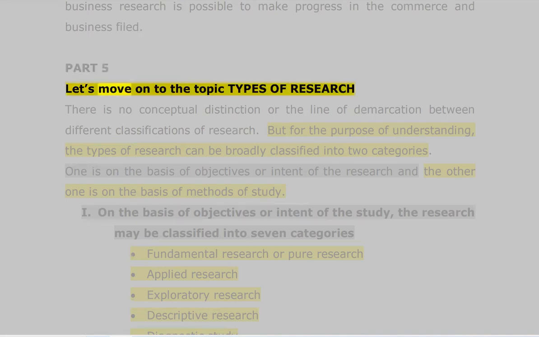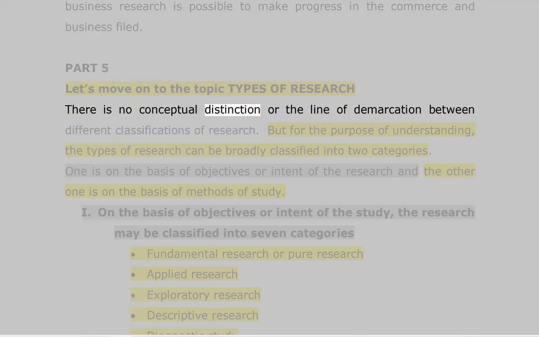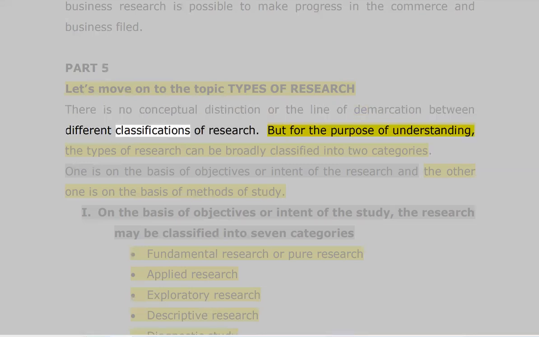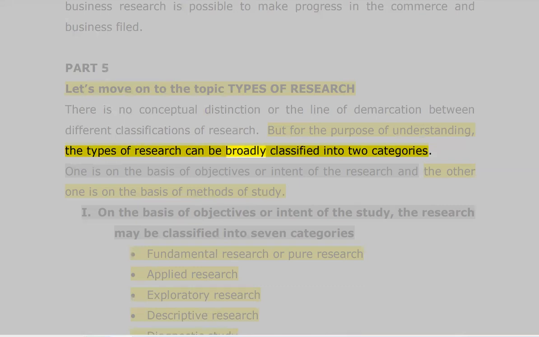Part 5. Let's move on to the topic types of research. There is no conceptual distinction or line of demarcation between different classifications of research. But for the purpose of understanding, the types of research can be broadly classified into two categories.